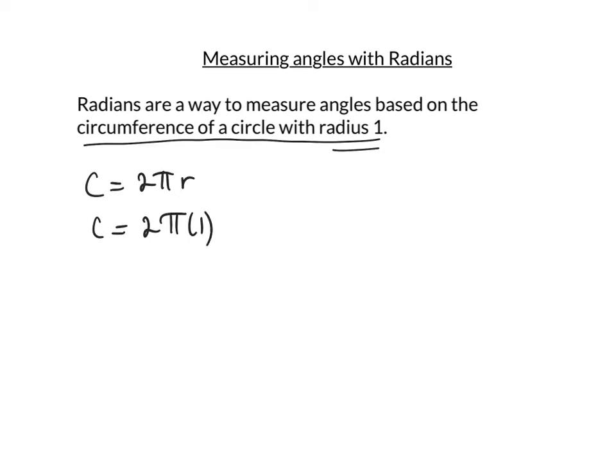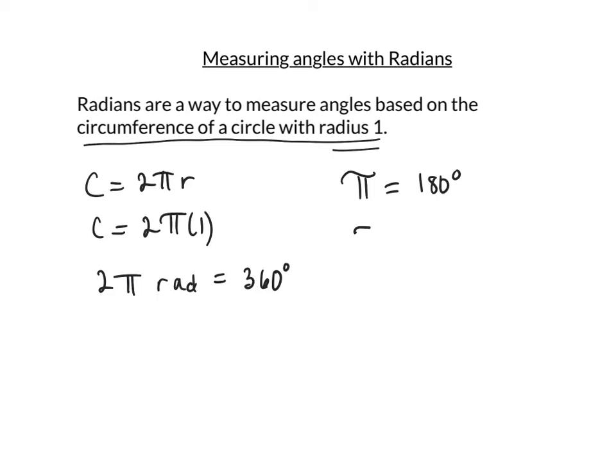So the distance around a circle is 2 pi if the radius is 1, and 2 pi radians is equal to 360 degrees.